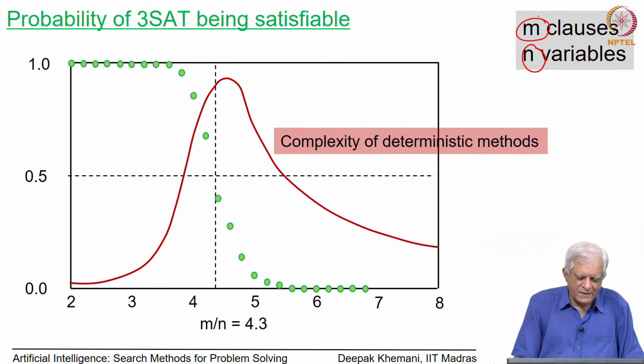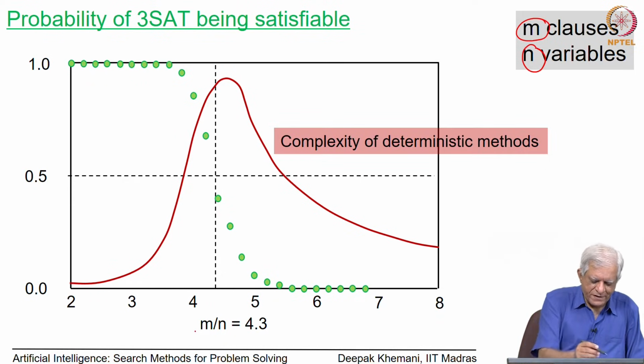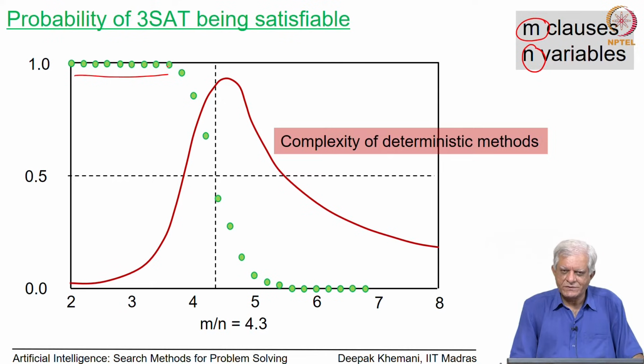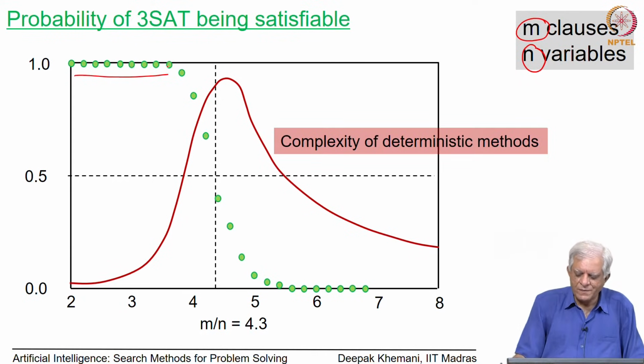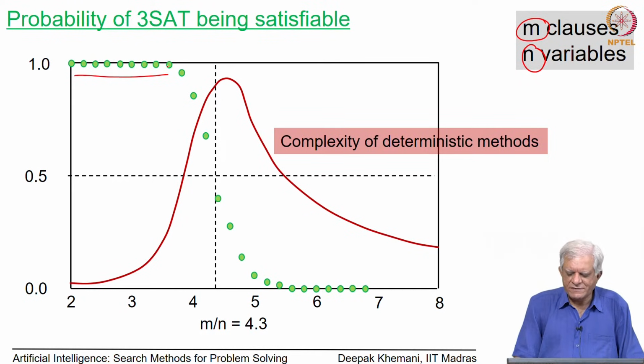Now, it turns out that the probability of a SAT formula being satisfiable is very high in the initial stages, where m by n, the ratio of the number of clauses to the number of variables, is low, which means there are many variables and few clauses.